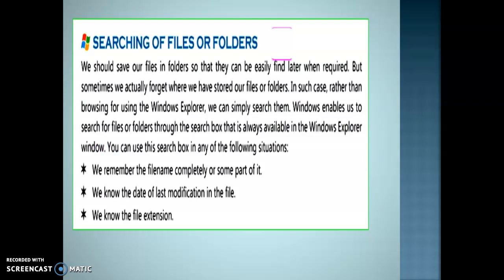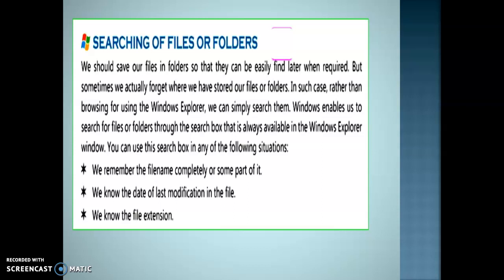Searching of files or folders. What is searching? We should save our files in folders so that we can easily find where we have saved them. But sometimes it is very difficult to remember our file names.